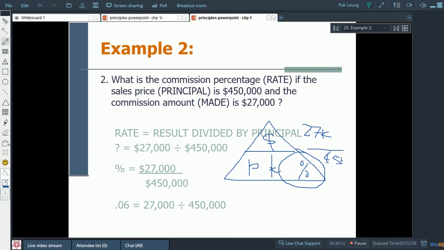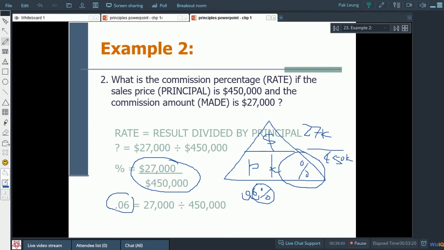So you make 27, and then you have to divide by 450. 27K divided by 450, you get 0.06.